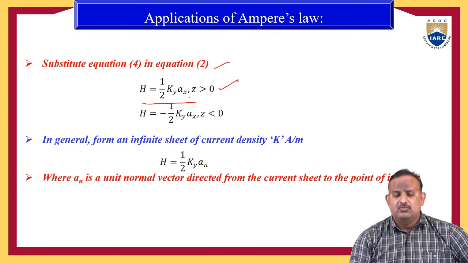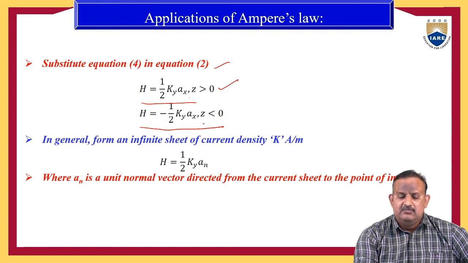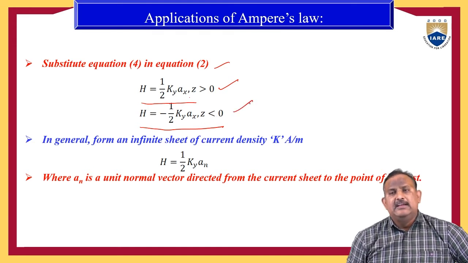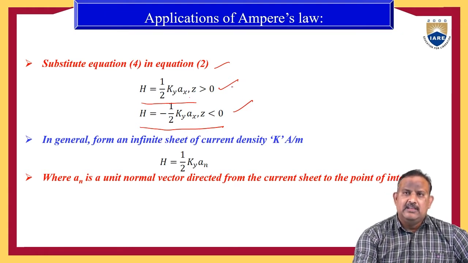And the magnetic field intensity H is equal to minus half into Ky into ax, where z is less than 0. This is for the negative quadrant. So like that we can define the magnetic field intensity for positive and negative quadrants.